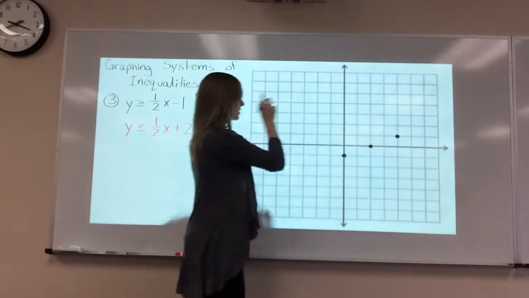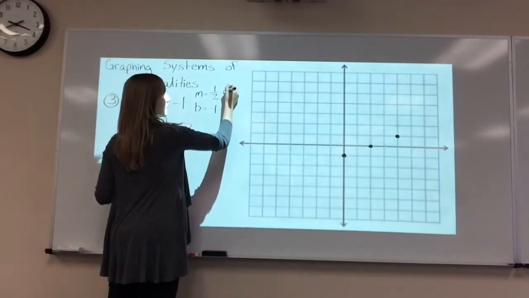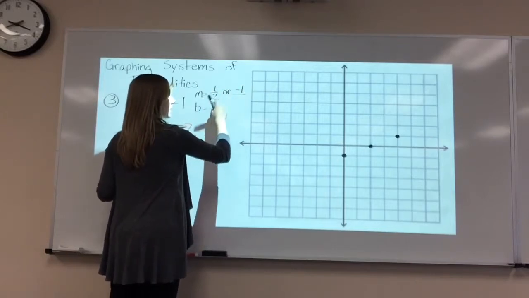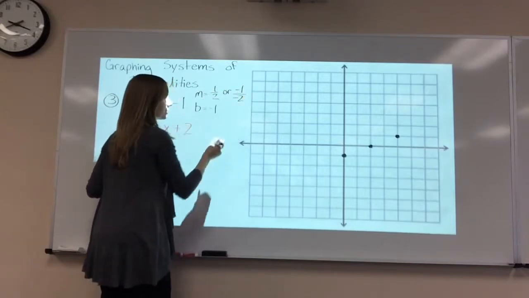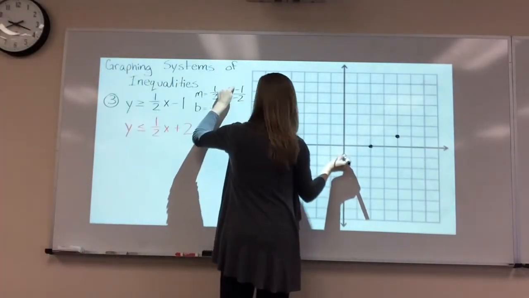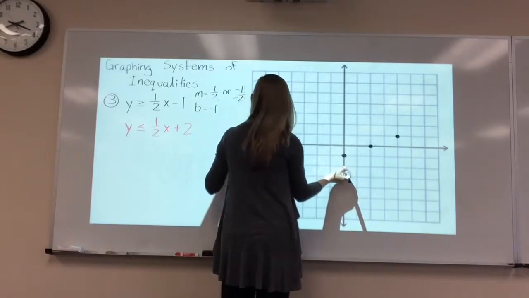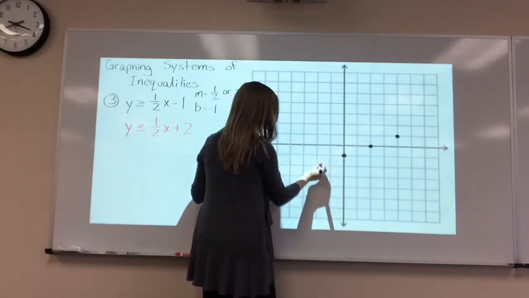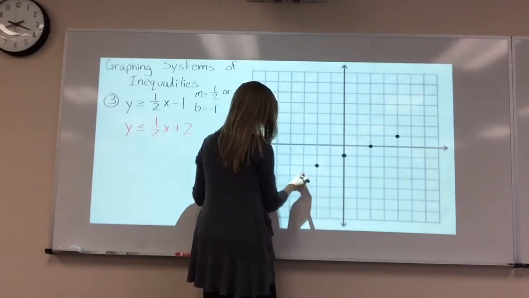I run out of space, so let's go ahead and do the opposite. Instead of positive 1, make it negative 1. Instead of positive 2, make it negative 2. Start at the y-intercept again. A rise of negative 1 means down 1. The run is negative 2, so I go left 2. Down 1, left 2.